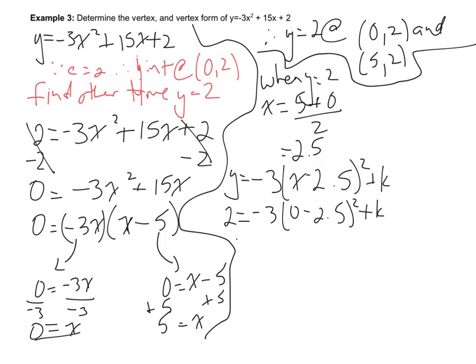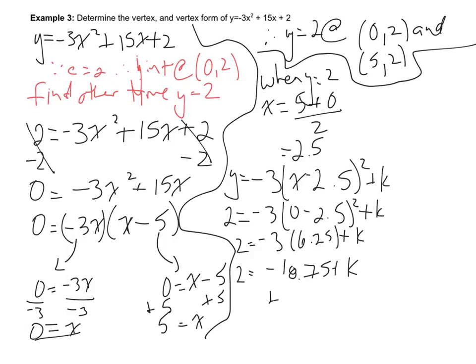I can then do 2 equals -3 times, and what is -2.5 squared? I hope you're thinking it's 6.25, plus k. -3 times 6.25 gives us -18.75 plus k.